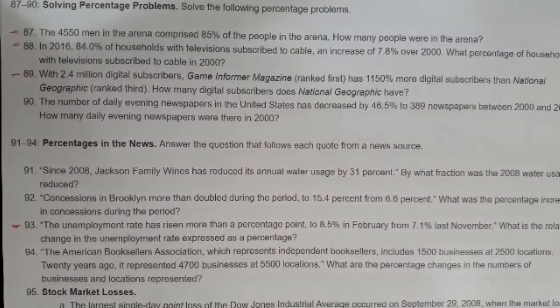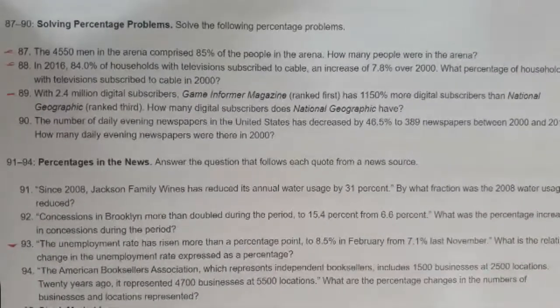4,550 men in the arena comprised 85% of the people in the arena. How many people were in the arena? There are a few ways you can solve this one, if I'm being honest.